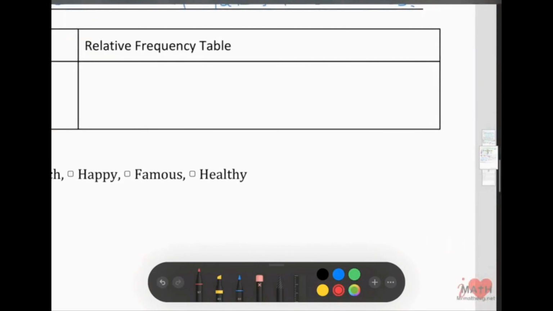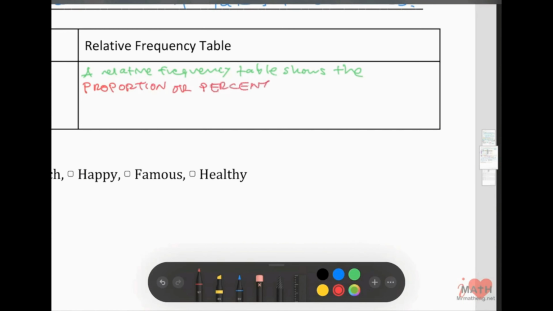All right, let's go to the relative frequency table. A relative frequency table shows, all right, here's the big word, the proportion or percent.